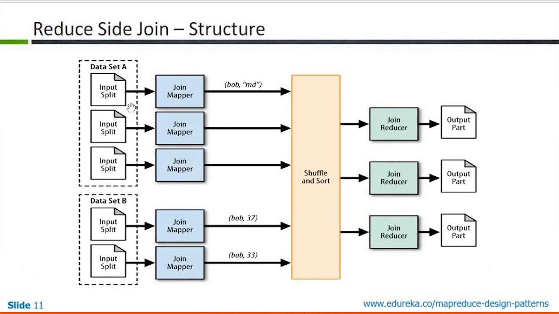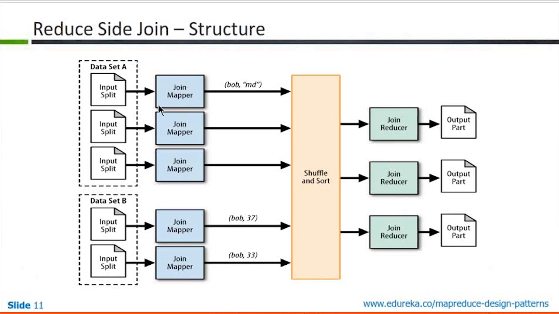On this diagram, we are combining two different data sets together, data set A and data set B. Data set A has 3 different input splits, data set B has 2 input splits, and these 2 data sets are different types. For example, the example which I'll show you will deal with posts and post links. So just assume that these are 2 different data sets.